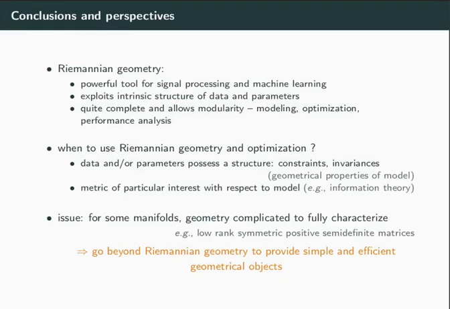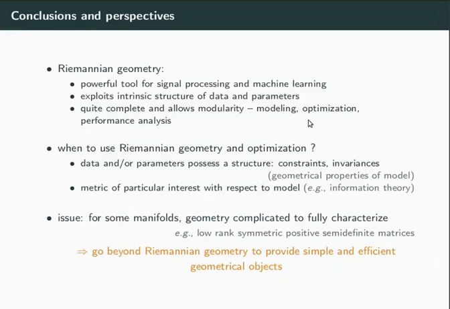And lately, studying the structure is very much used in our communities. Also, one real advantage of the Riemannian geometry framework is that it's quite complete, because you can do modeling, optimization, and performance analysis. And it also allows a lot of modularity, because it separates these three aspects.